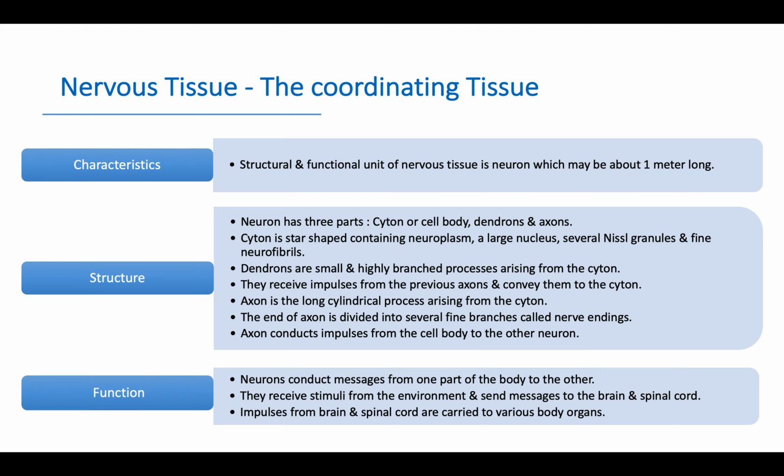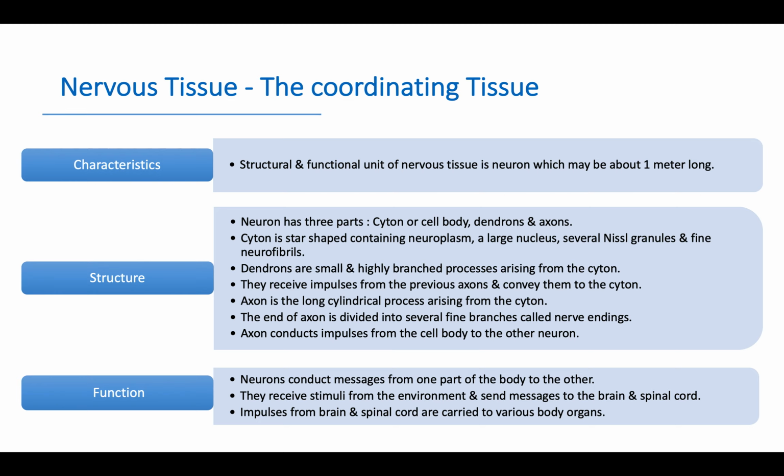Dendrons are small and highly branched processes arising from the cyton. Dendrons that arise directly from the cyton are further branched; these are called dendrites. They receive impulses from the previous axons and convey them to the cyton.